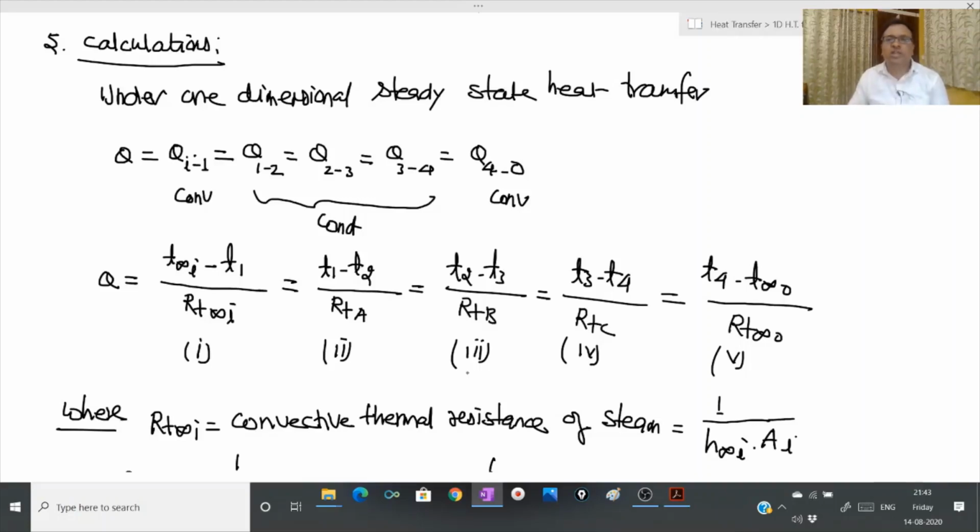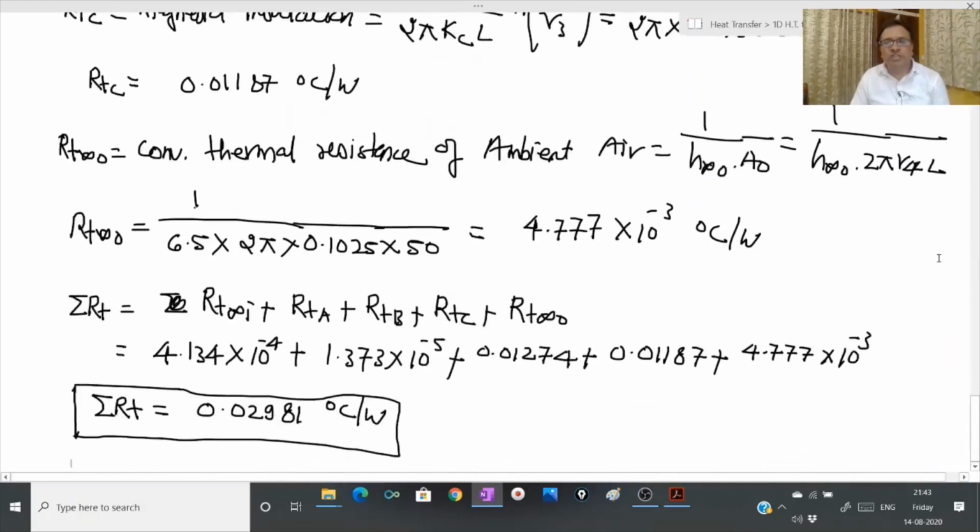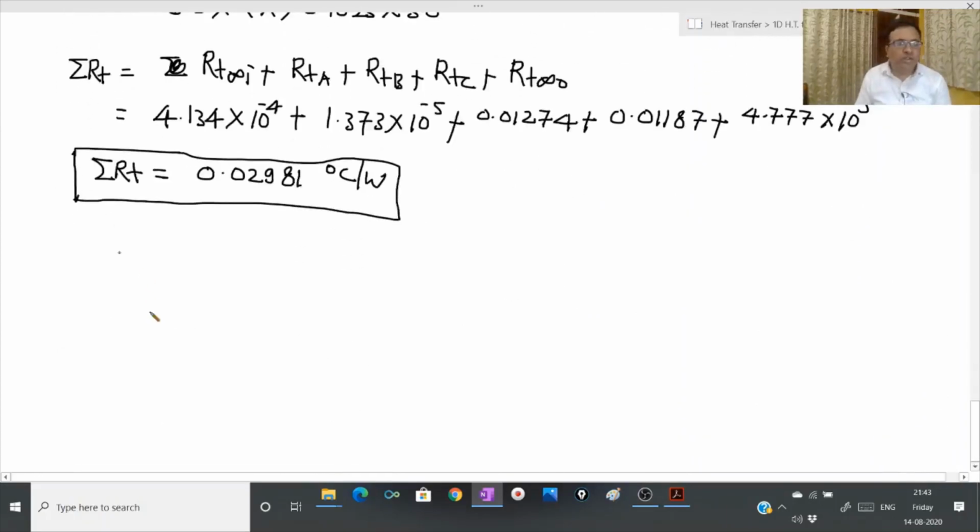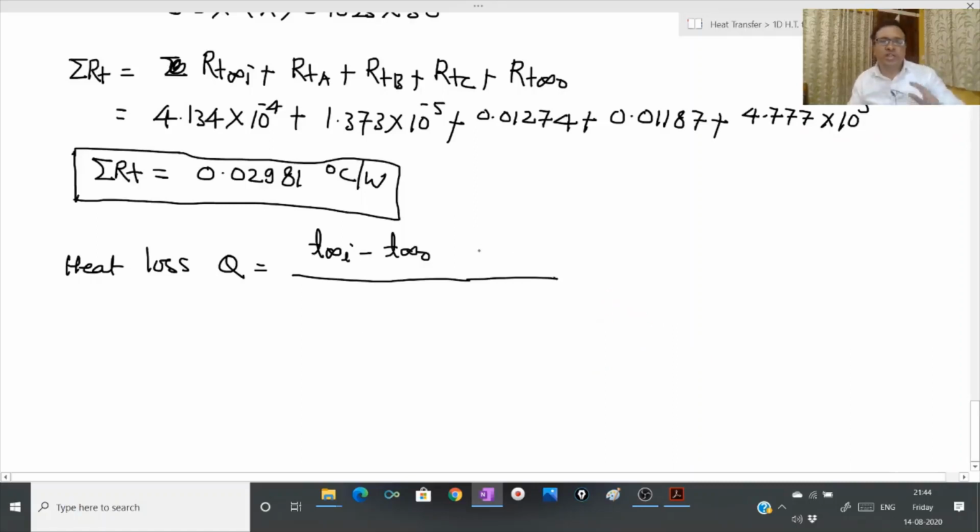So what is the solution? Solution is to express the value of Q in terms of known temperatures T infinity I and T infinity O. And whenever I write the expression for heat transfer in terms of extreme values of temperatures, that is initial and final, under such condition, all the thermal resistances occurring between those two extreme temperatures get added up.